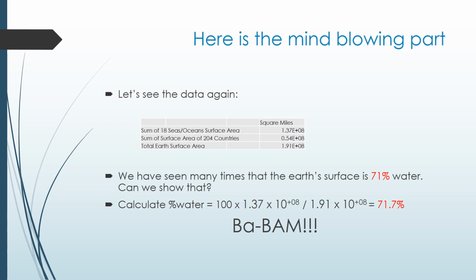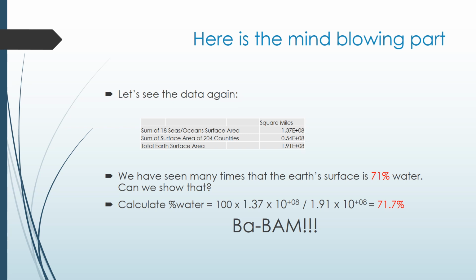So as a separate calculation, we've seen many times that the Earth's surface is 71% water. You can look that up anywhere. So what do my numbers show in these numbers above? So let's calculate the percentage of water. I multiply times 100.